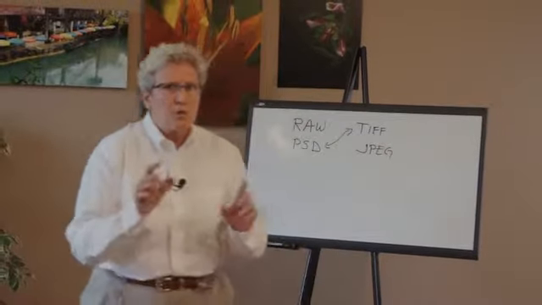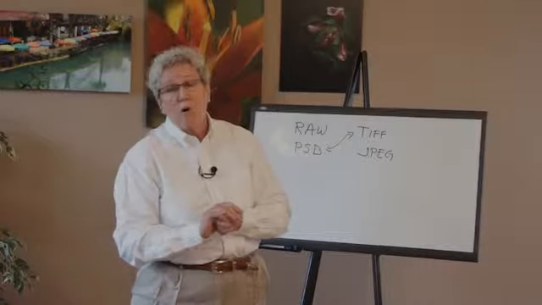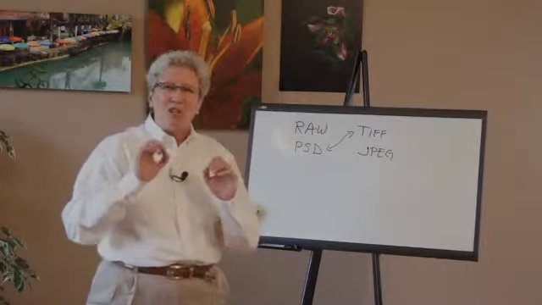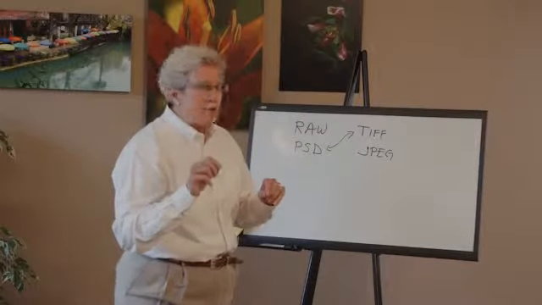Let's go back just real quickly, and in some future lessons we're going to be talking more and more about this in detail, but just to give you a brief little glimpse of what is to come and to whet your appetite.